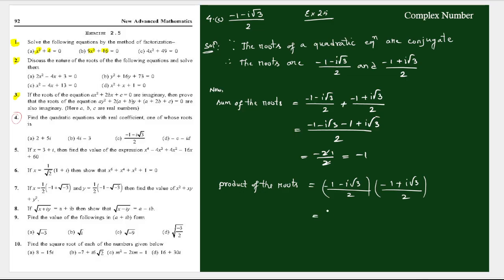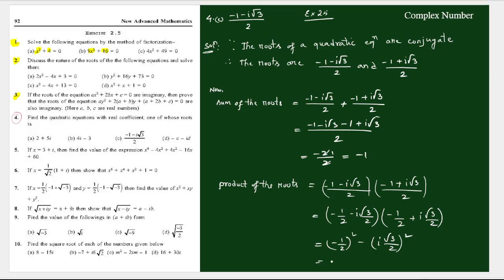So this is something like, yes, a minus b, a plus b, or a plus b into a minus b is a square minus b square.